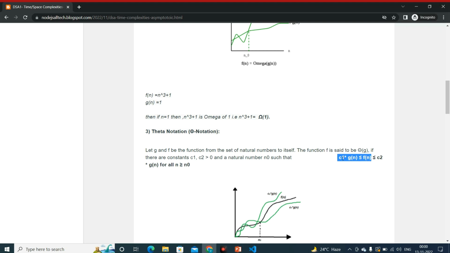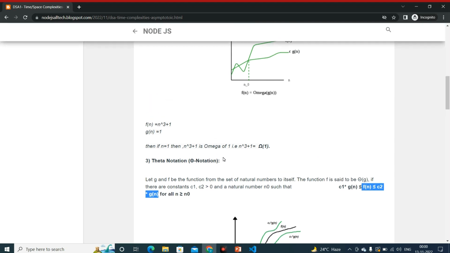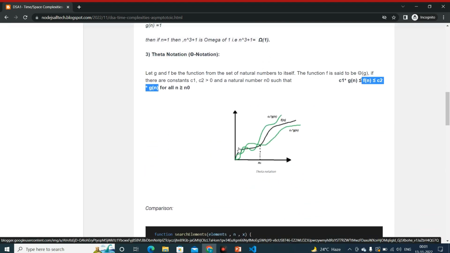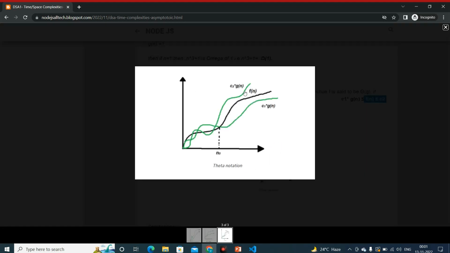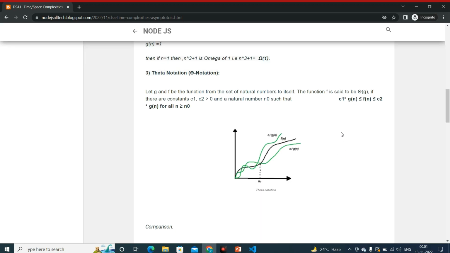And the second one, f of n less than or equal to c2 g of n, represents the big O notation. Hence it is a combination of both notations, and from the graph you can also check that f of n is sandwiched between the two notations. Hence it is called a theta notation.